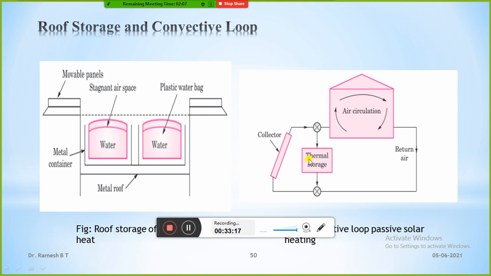Here it stores the heat. When the temperature is low, the vent is opened again and it heats again. This is the concept, and that's why it is called a convective loop passive solar heating. Clear? So these are the main important types of passive solar heaters.